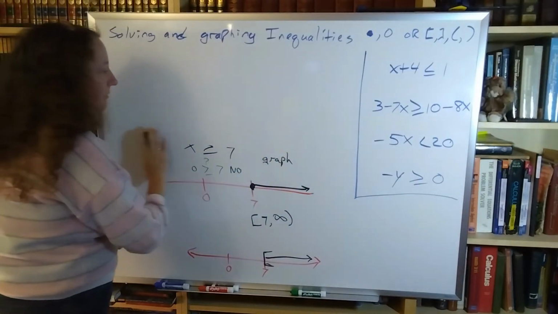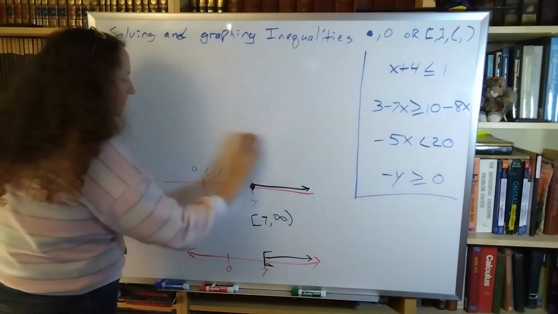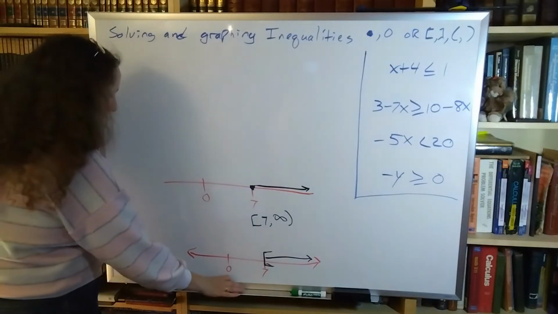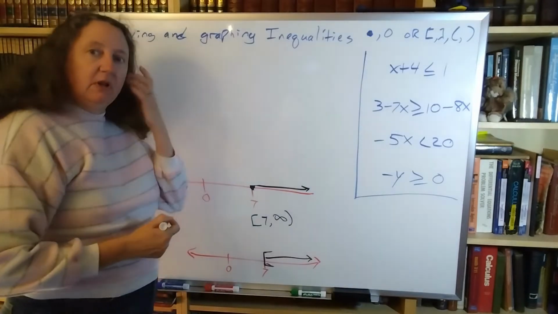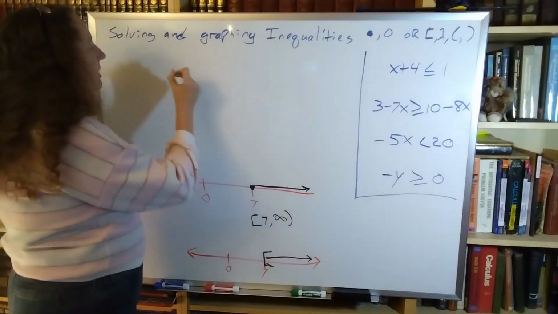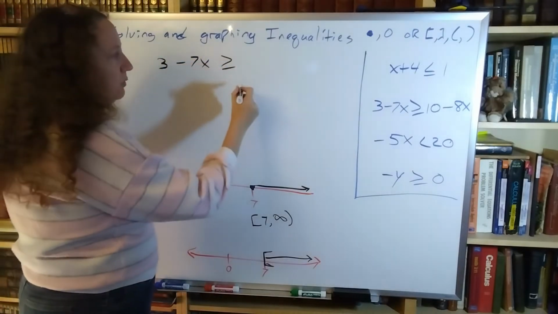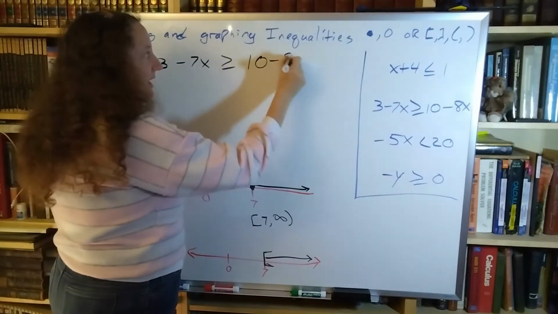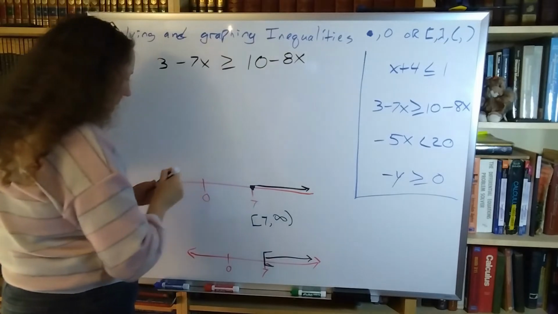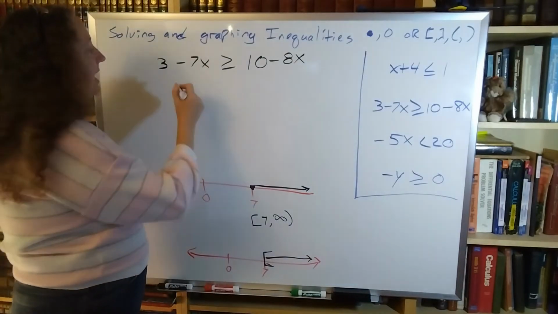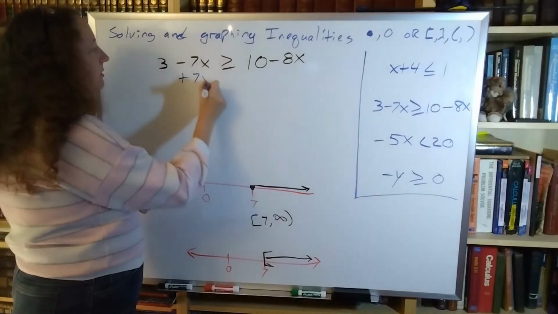Now, with this one, there was another way that I could have done it. It would end up the same. So I'm going to leave that work there. And I'm going to do this another way. We still have the same 3 minus 7x is greater than or equal to 10 minus 8x. But this way, I'm going to add my 7x over.